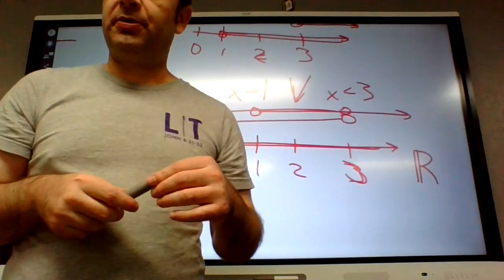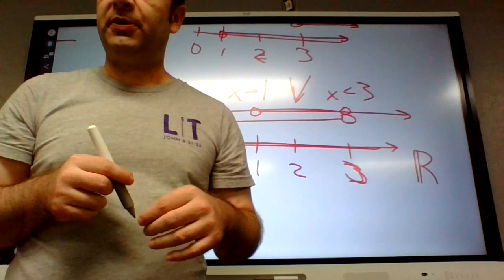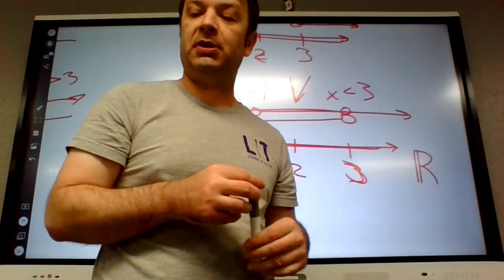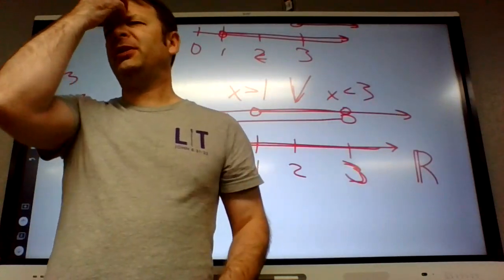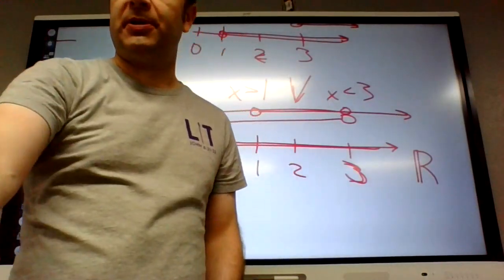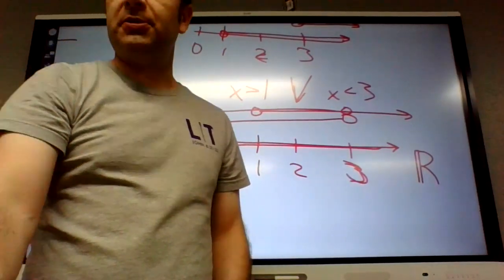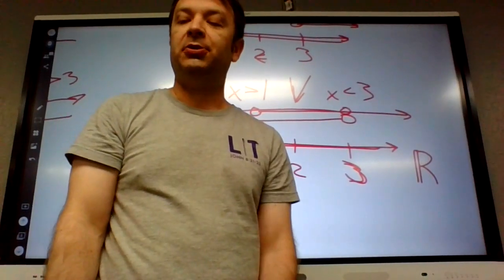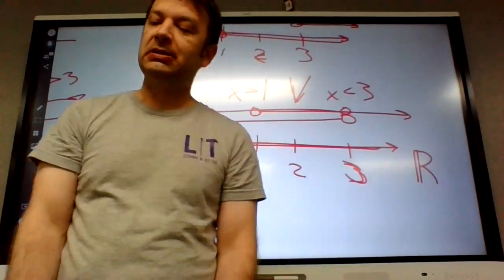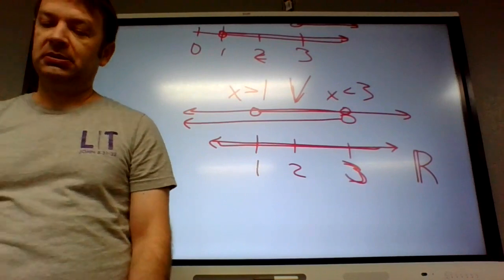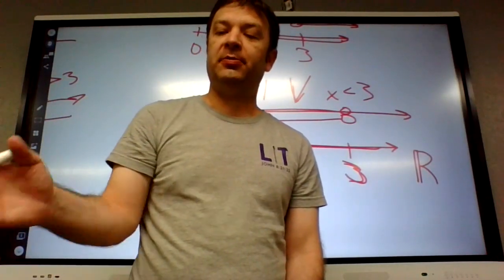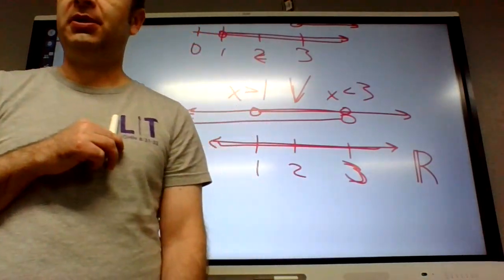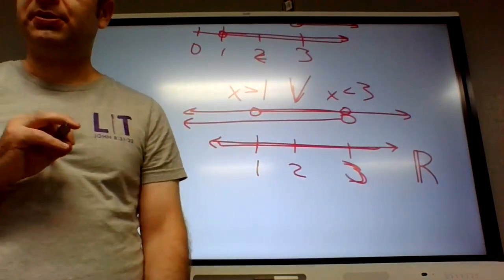Number 3, we didn't actually talk about 3 and 4, so I'll just tell you what it is. It's not going to be on the test or anything, so I'm not really concerned about it. The solution to a disjunction is called the union. Number 4, the solution to a conjunction is called the intersection.